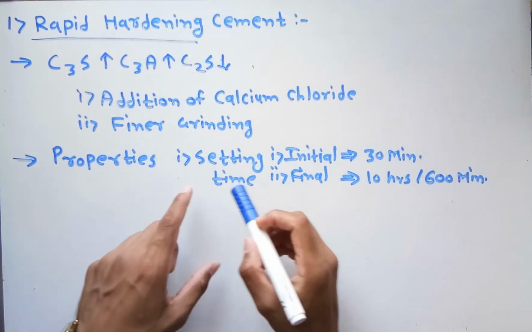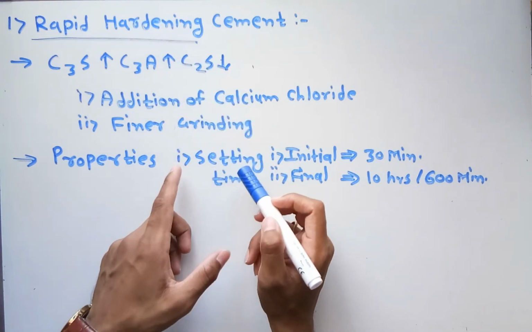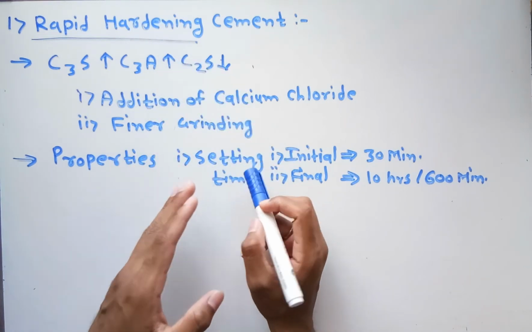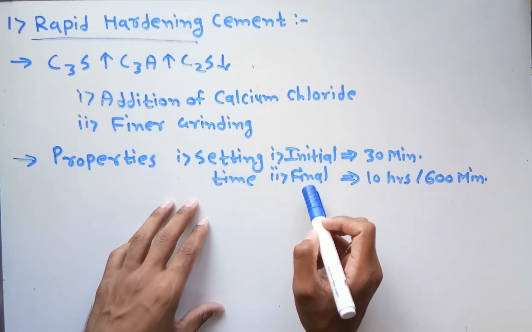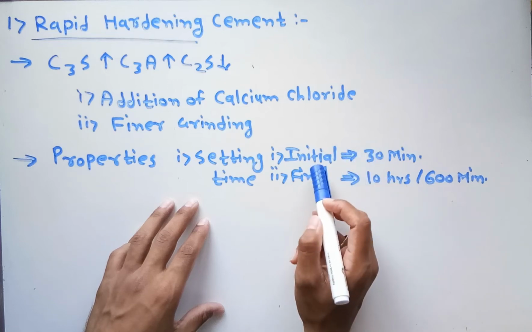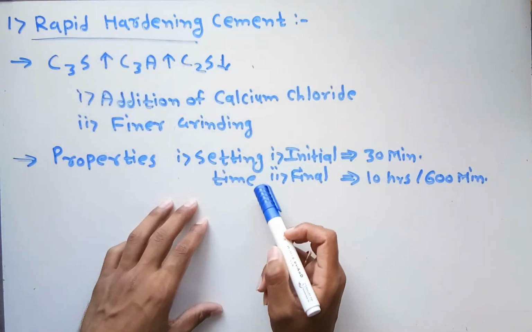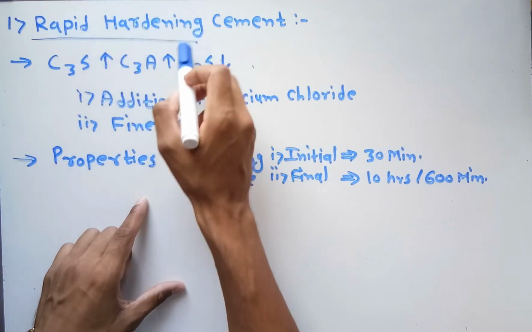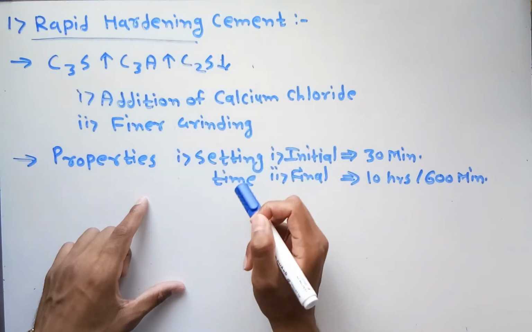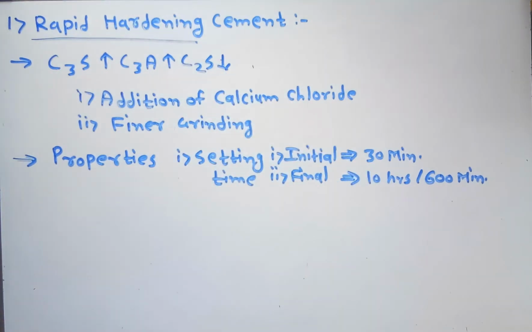As we know, setting and hardening are different properties. Setting is just the change from the fluid or paste state into the solid state, so that's why initial and final setting time is the same as OPC. Using rapid hardening cement does not cause any change in the setting time. Hardening is just the process of gaining strength. So setting time is the same as OPC.